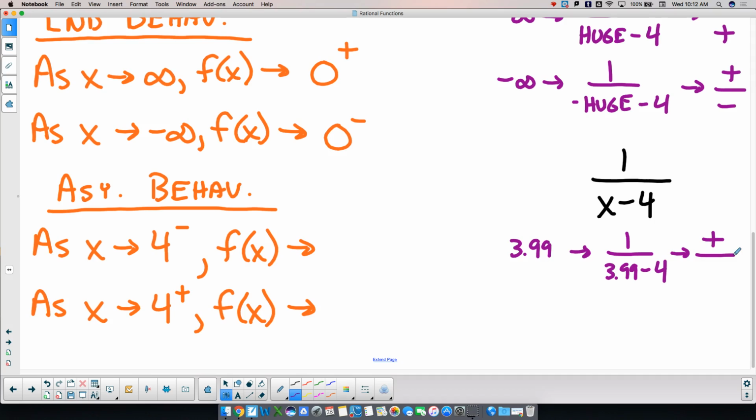Negative, and it's really small, right? So a positive number divided by a negative small number is going to go to negative infinity, because the closer I get, the smaller that number gets.